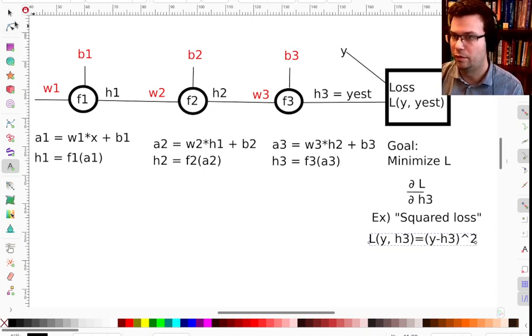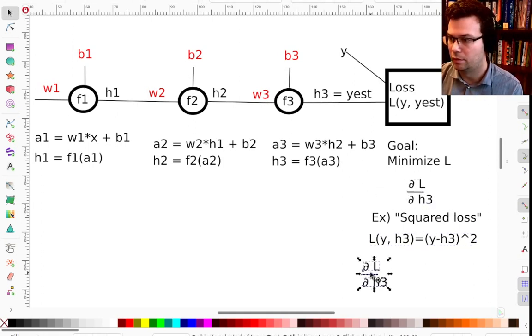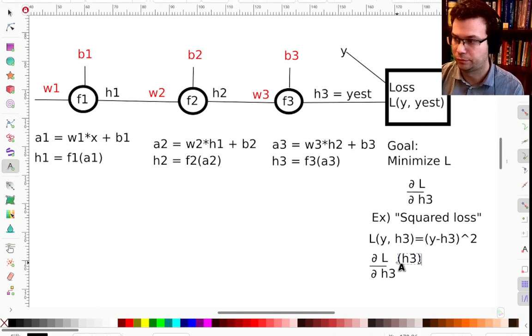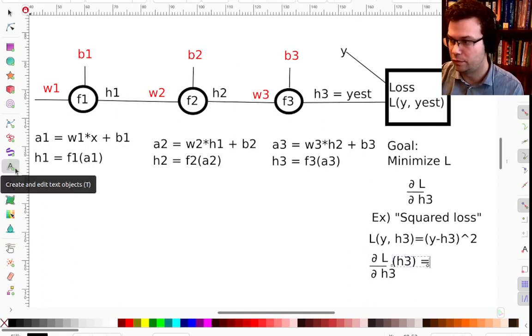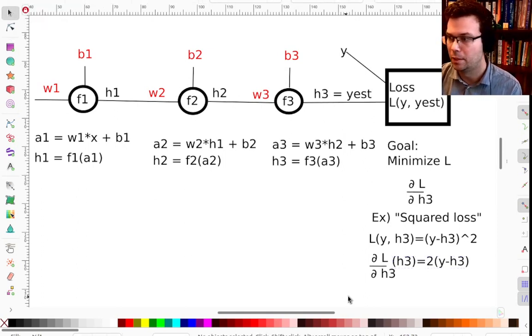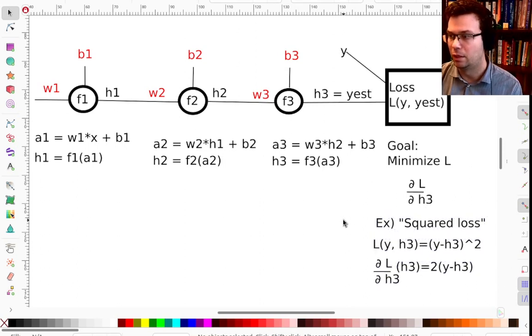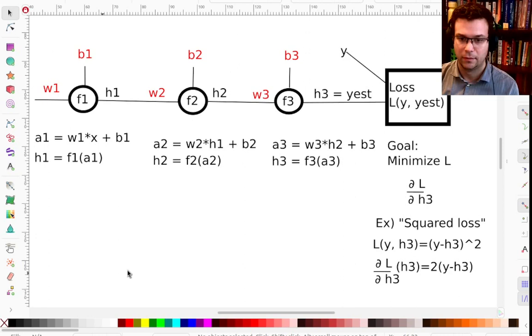And if I look at the derivative there, using our favorite power rule, the derivative evaluated at h3 is going to be 2 times y minus h3, right? Okay, so that's an example there, but I showed you other losses, of course, like logistic loss, and so depending on what the loss function is, you would have an expression for the derivative of the loss function with respect to what went into it.